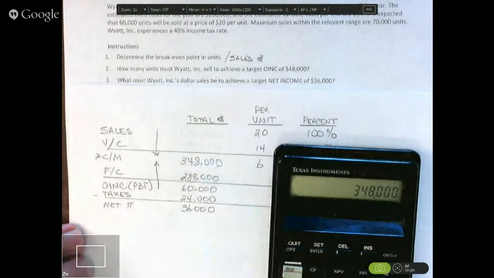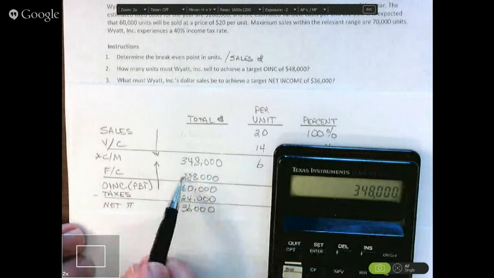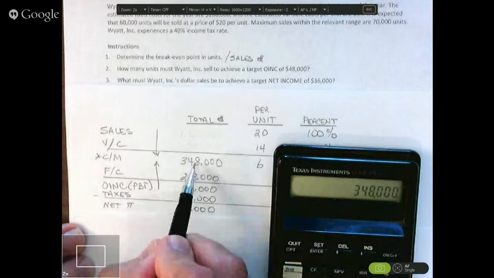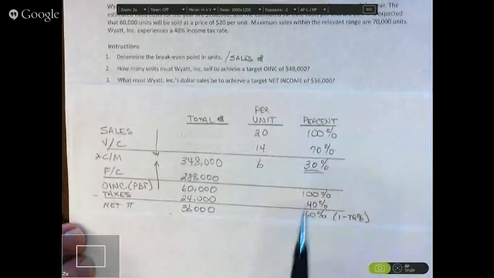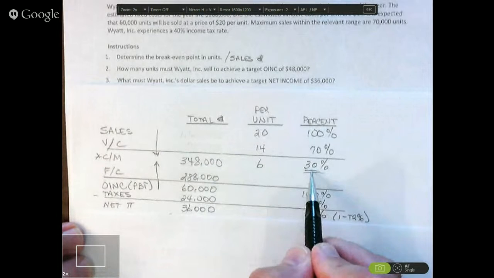Okay, so contribution margin needs to cover fixed costs and the income necessary to give us the profit after tax. This is the target contribution margin, $348,000 that's necessary, and each unit gives us $6, and each dollar of sales contributes 30 cents toward the target contribution margin.